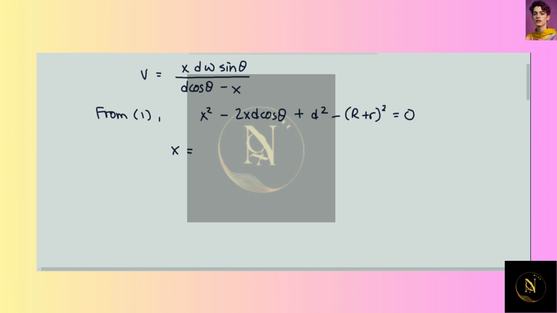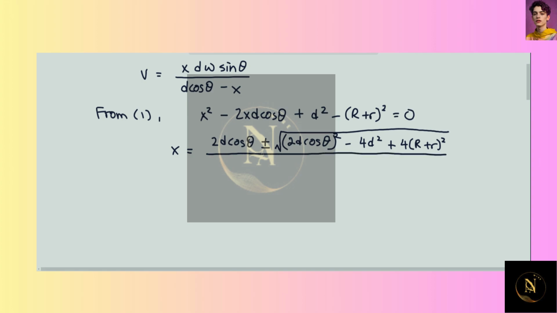So x is equal to 2d cosine theta plus or minus the square root of (2d cosine theta) squared minus 4 times d squared minus (R plus r) squared, the whole numerator divided by 2.